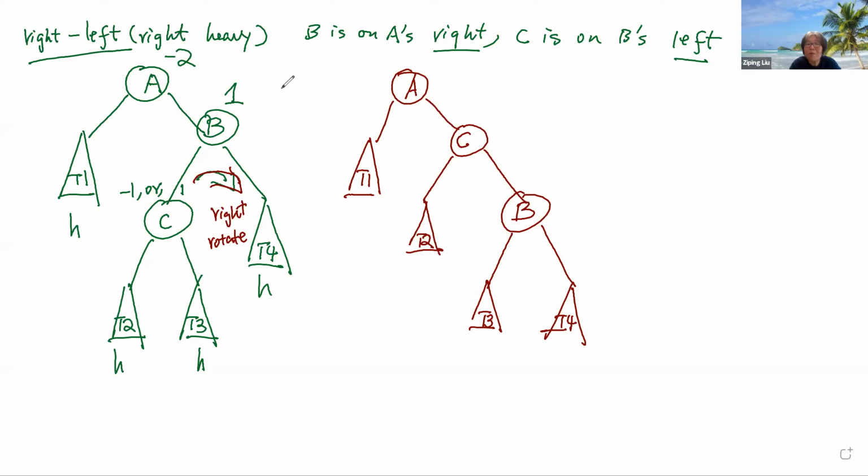So after you right rotate for B, first do right rotate on B, and we get this case. And this case is what?